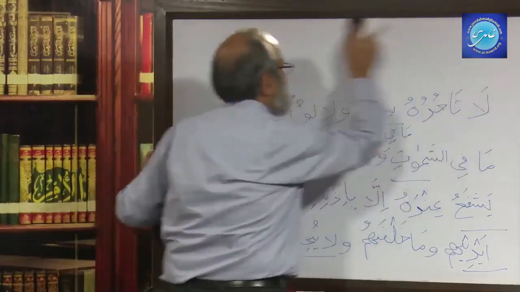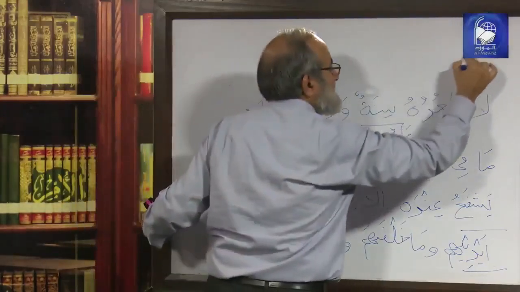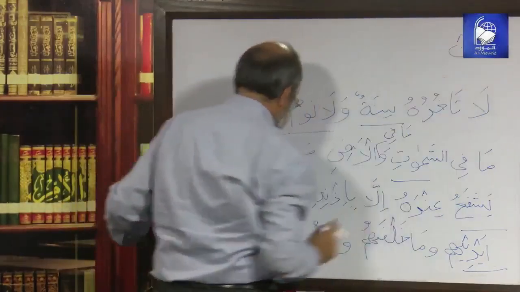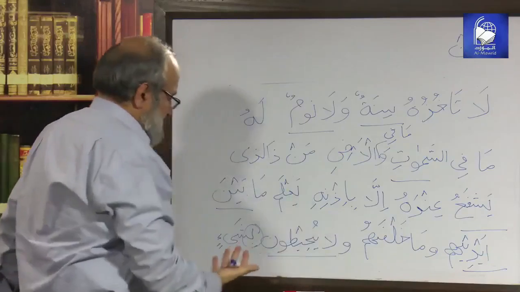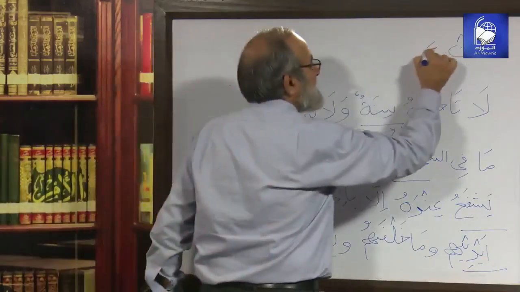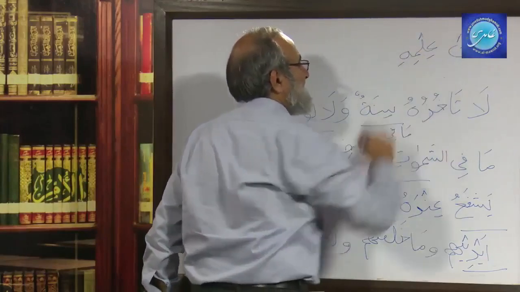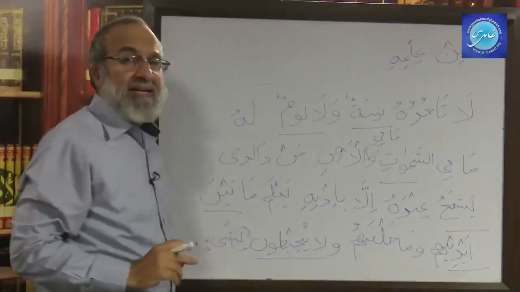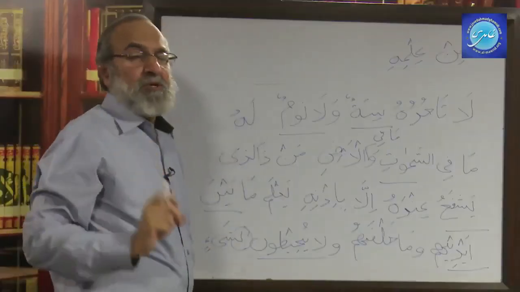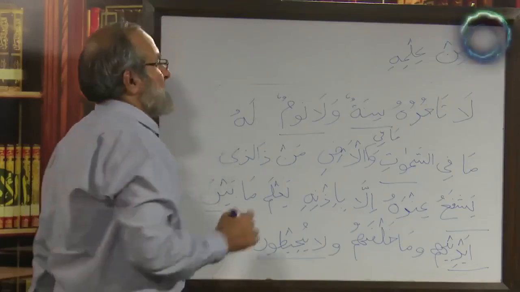Min ilmihi. Wa la yuhituna bishay'in min ilmihi. They cannot possess, take anything min ilmihi, from his knowledge. Ilmihi. Now this again, ilm is getting a jar because of min, and one because of it being mudaf.